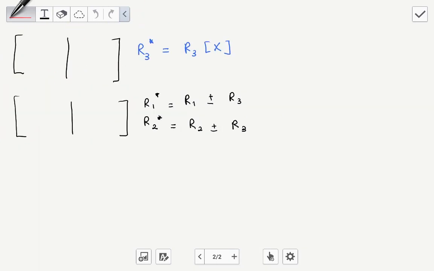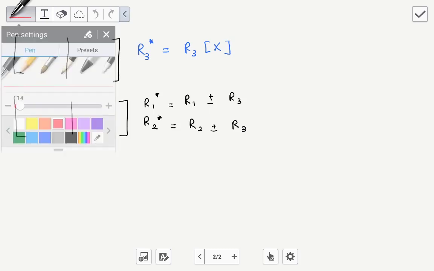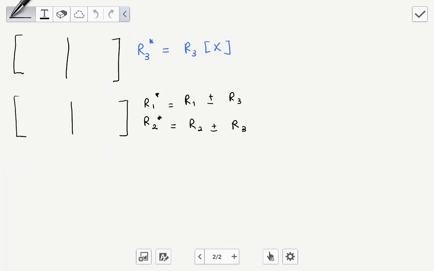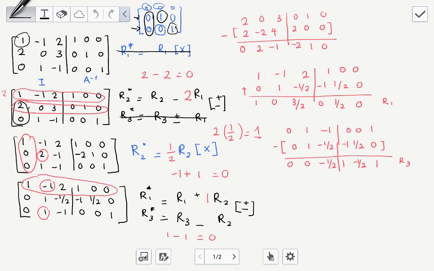So our template continues on my next page. Okay. So remember, students, the operation that we did just now. So the answer that we got for R1 is 1, 0, 3 over 2, 0, 1 over 2, 0. And remember, we didn't do any operation for row 2. So we're going to copy row 2 as it is, which is 0, 1, negative half, negative 1, half, 0.